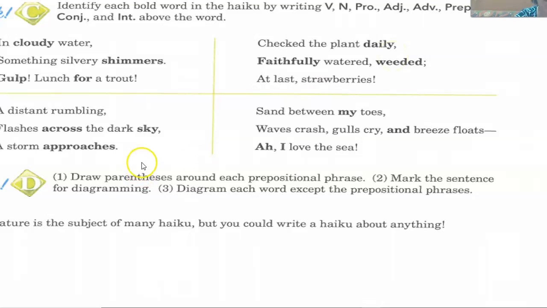And weeded is a verb. Across, preposition. Sky, noun. Approaches, verb. My is an adjective. And is a conjunction. Is, interjection. I is a pronoun.